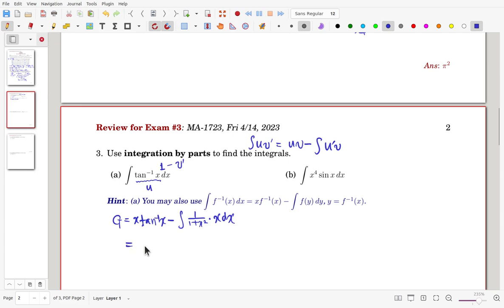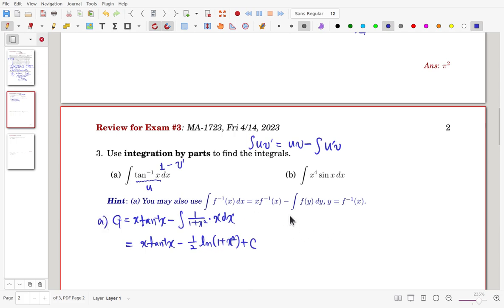So that is x times arctangent of x minus, if it is 2x, then that is exactly the logarithm of 1 plus x squared. So we put here 2 and divide by 2, so half, logarithm of 1 plus x squared plus c. Right? That's part A.